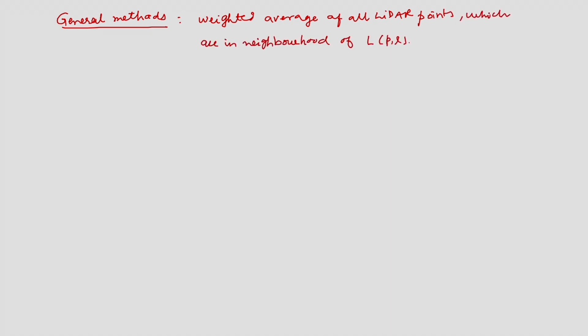Now, we have the general method. In case of the general method, we take the weighted average of all lidar points which are in the neighborhood. Now, how to calculate the Z value?